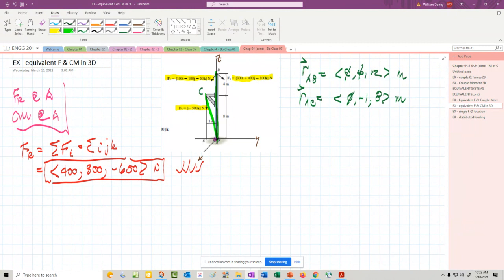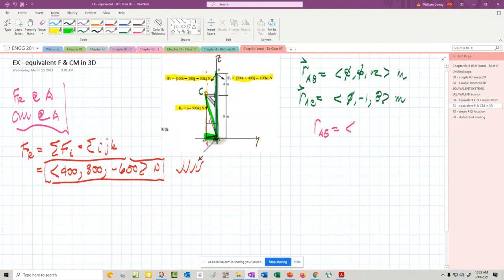Okay. Now, let me just show you something here, a little hint. The line of action of this force over here, this one at C, goes vertical. So I could use a position vector from A to E because it does cross that force instead of going from there to there.